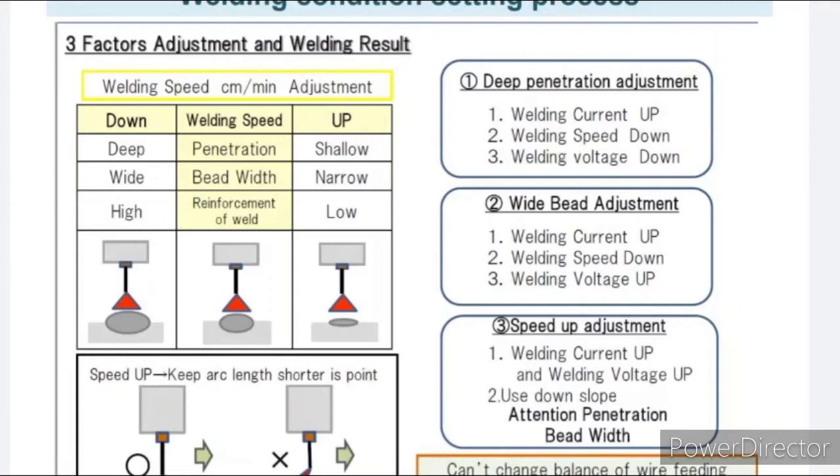If you increase the welding speed, then penetration is shallow, bead width is narrow, and reinforcement of weld is low. It means the welding speed characteristics are similar to welding current.